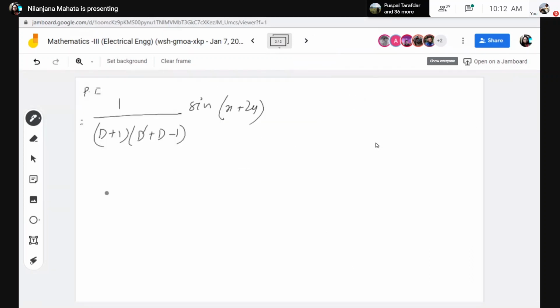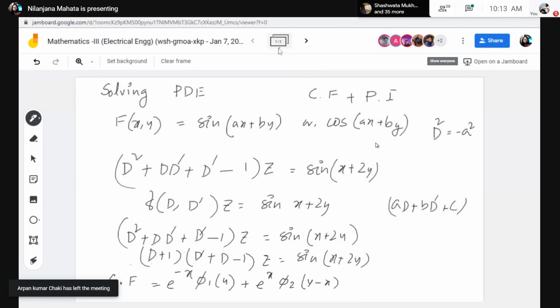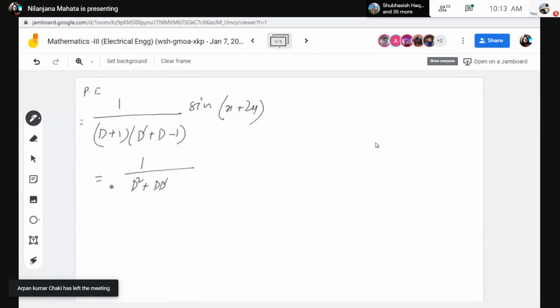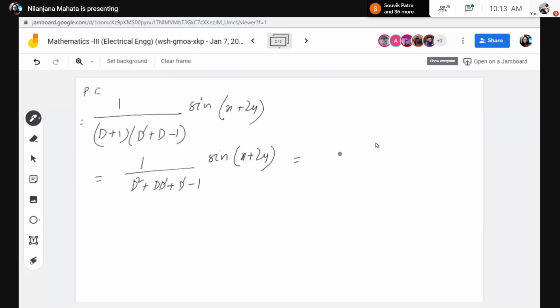So I have to simplify. For D square, the coefficient is 1, so it will be minus 1 here.